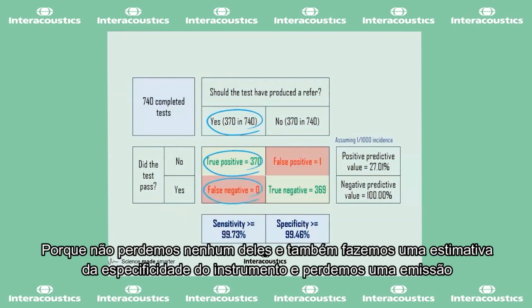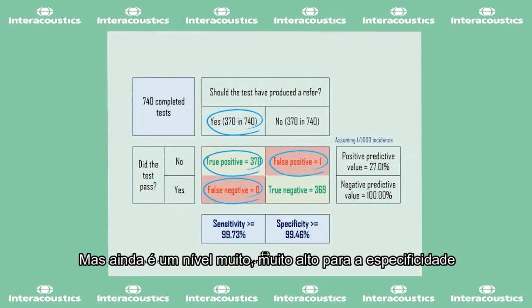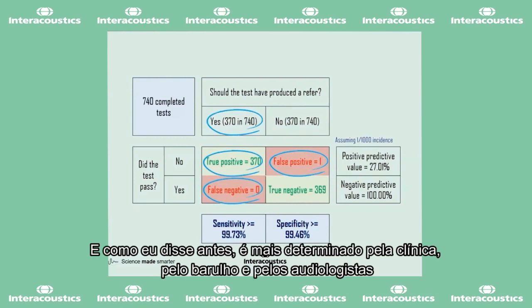And we also make an estimate of the specificity of the instrument, and we missed one emission. So we sent one person off to diagnostics that we would rather have not done. But that's still a very, very high level for the specificity. And as I said before, it's more determined by the clinic and the noise and the screeners.